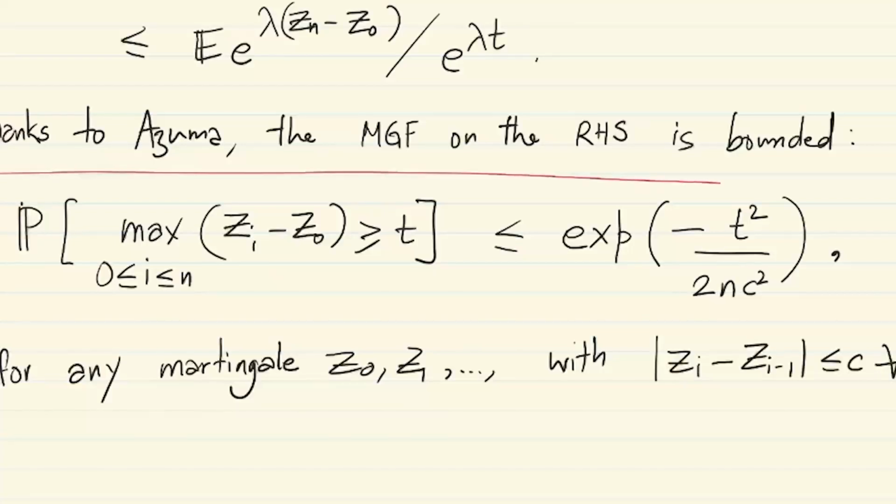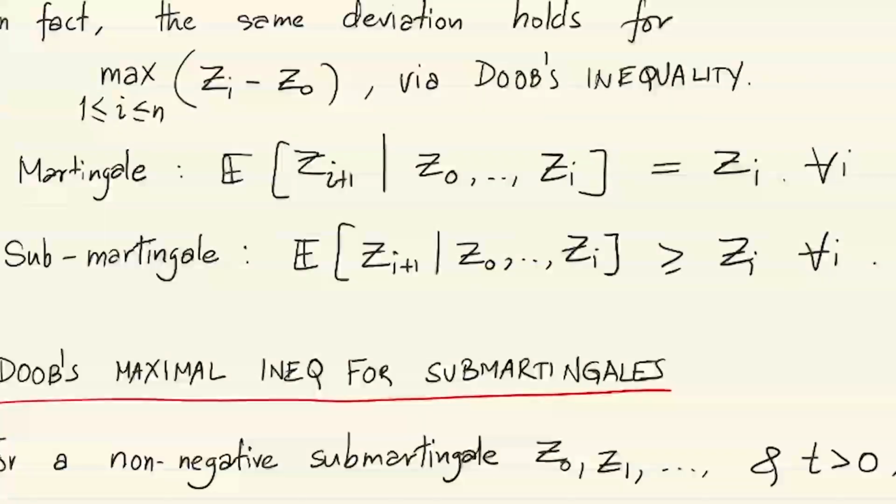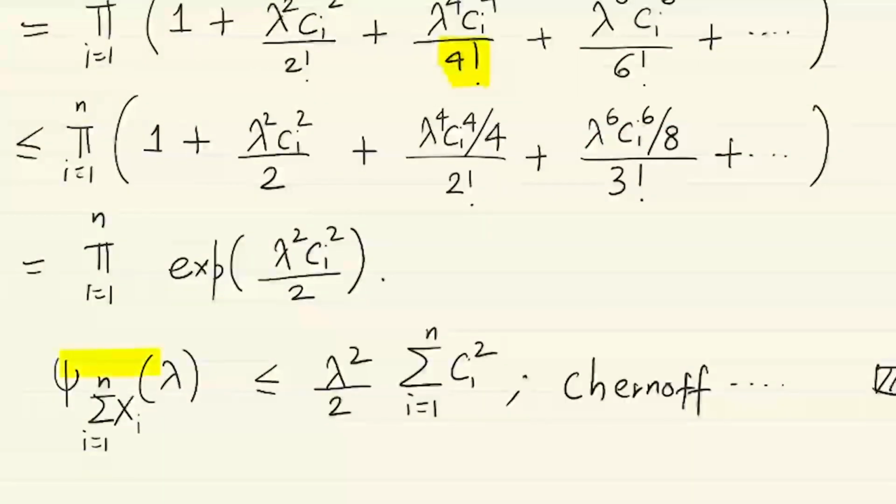It's important to note that this right hand side bound is obtained by first applying Doob's inequality to get to the last term, the moment generating function of Zn minus Z0, and then applying Azuma's inequality to control the moment generating function of Zn minus Z0, via its log moment generating function, to essentially give a sub-Gaussian type tail, and then applying the Chernoff bound later.